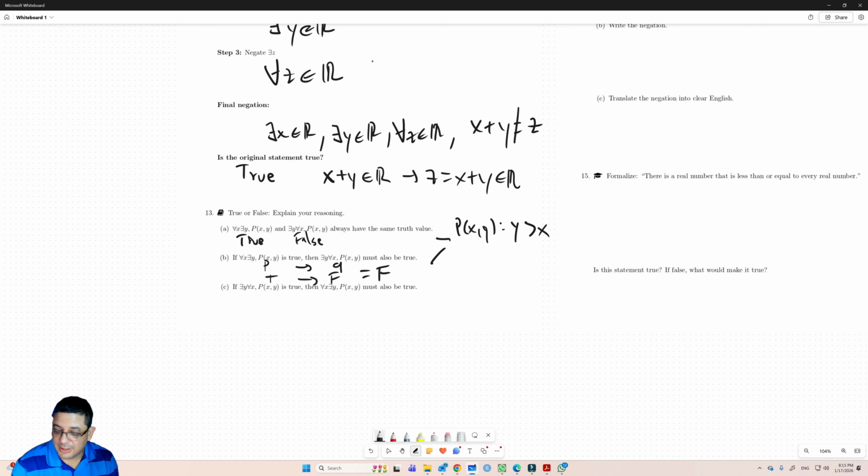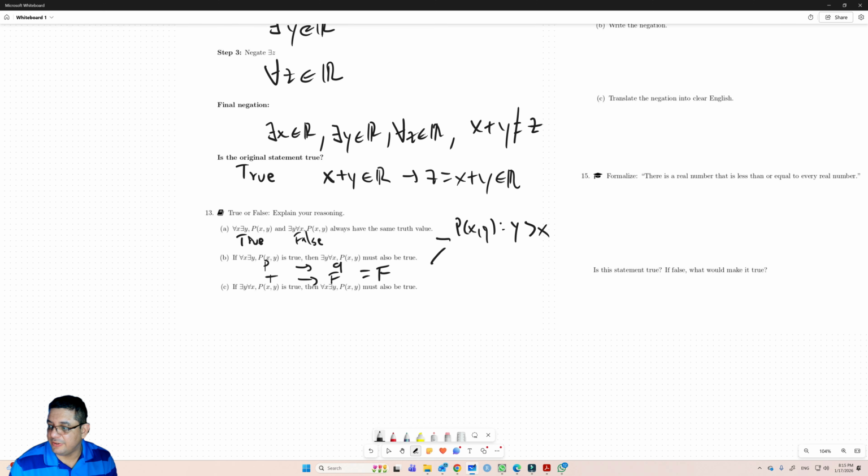Now for C, say the opposite: if it says there exists y such that for all x p of x y is true, then for all x there exists y such that p of x y must also be true.